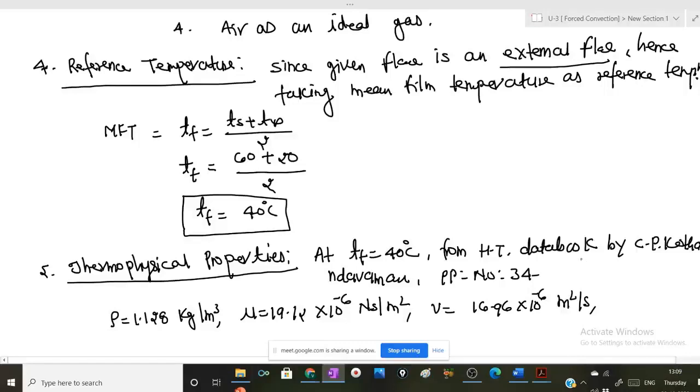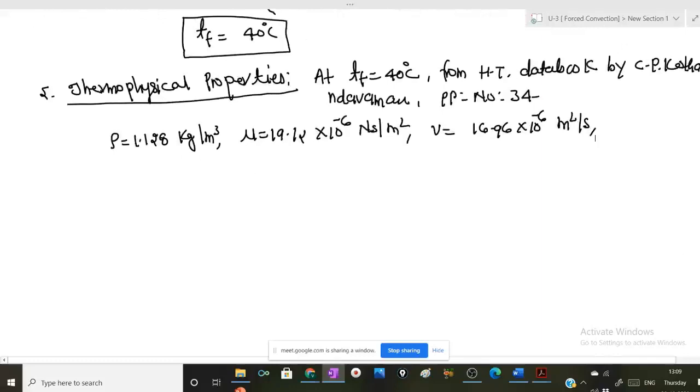Then comes the value of alpha, and this value is 24.306 into 10 to the power minus 6 meter square per second.